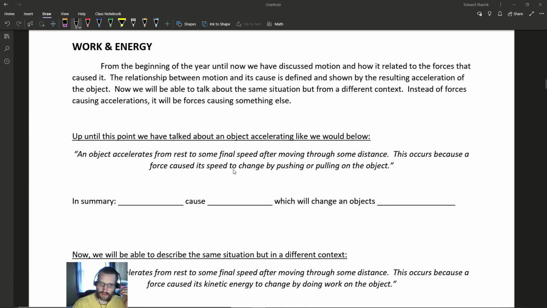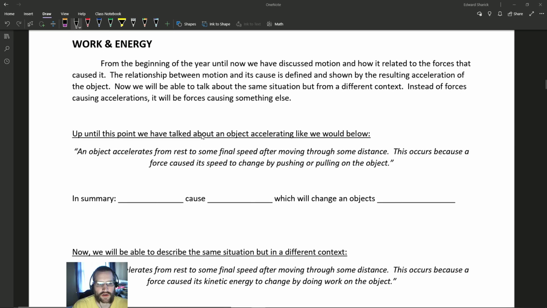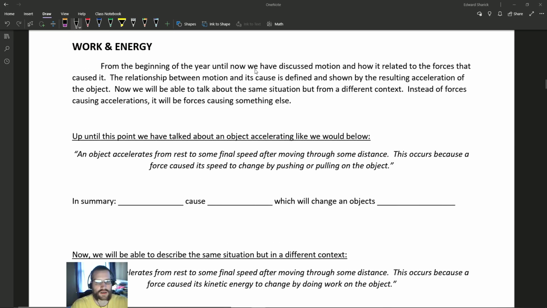So I'm going down to page 3 here. We've been discussing motion in terms of forces and accelerations, and instead of focusing on forces causing acceleration, we're going to focus on something else.